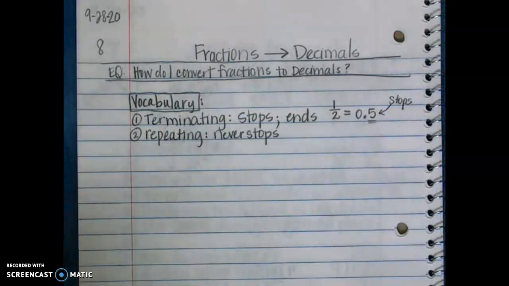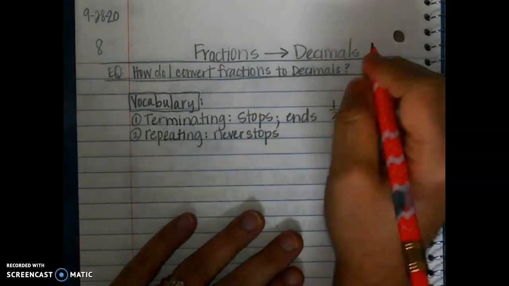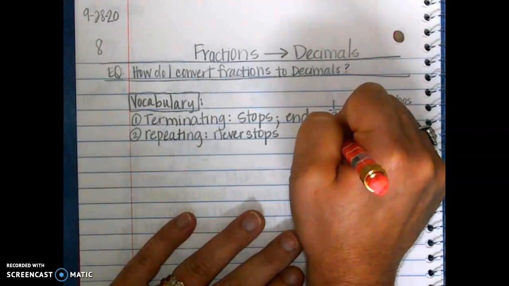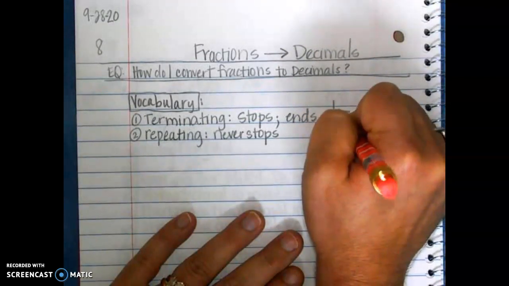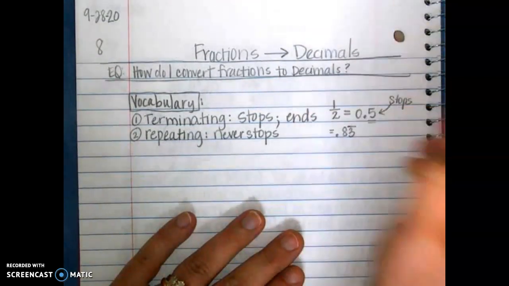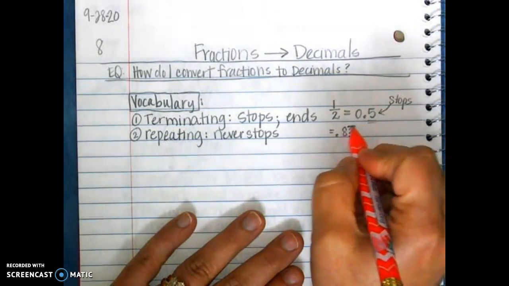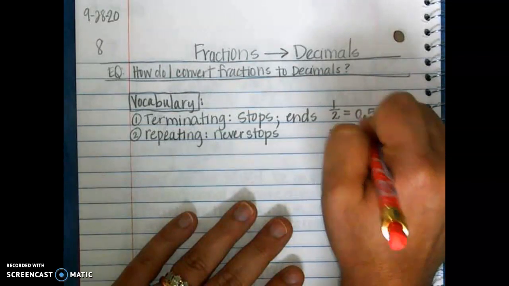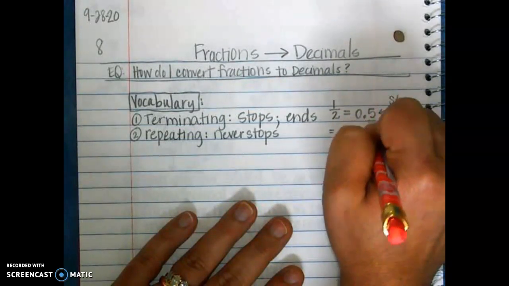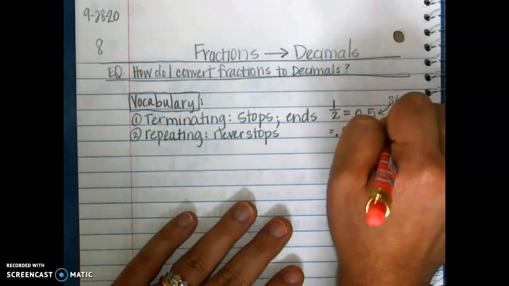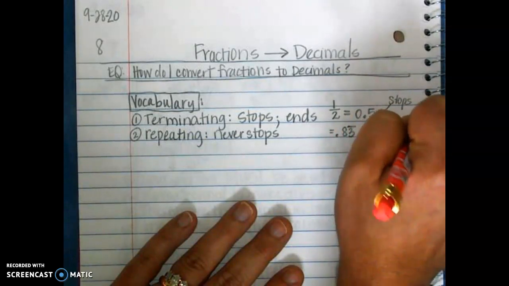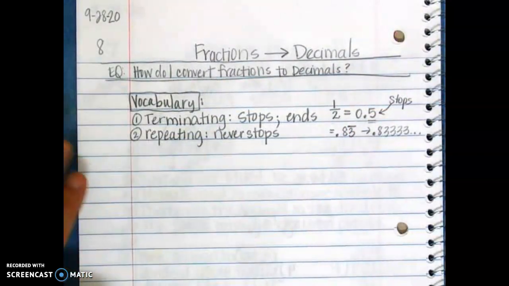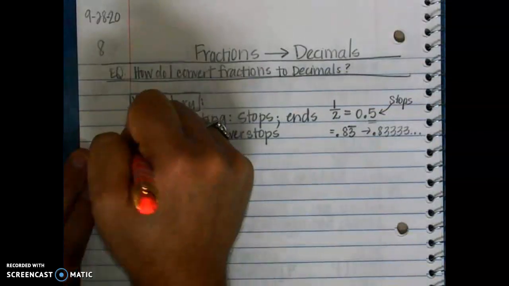We saw that today when we had decimal 8, 3, and then we put this bar on top. That bar means that this is supposed to look like decimal 8, 3, 3, 3, 3, and it never, ever stops, okay?